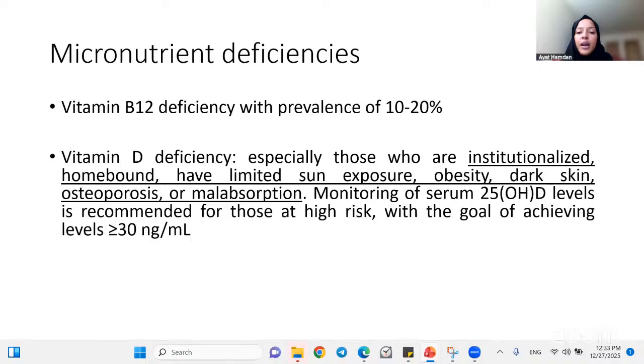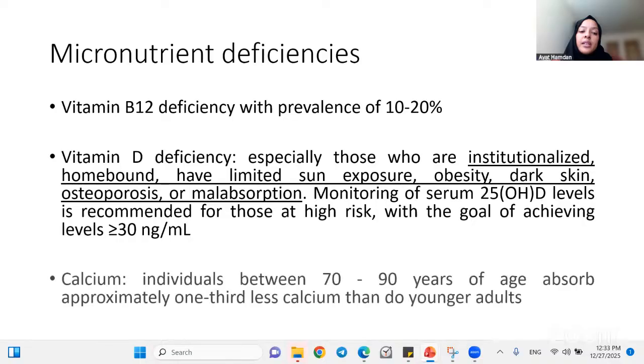You need to keep in mind that you follow your practice guidelines in terms of monitoring vitamin D levels. Some would recommend annual. Annual is reasonable, but some might require every 3 months or every 6 months. Always the goal is above 30 nanogram per milliliter.